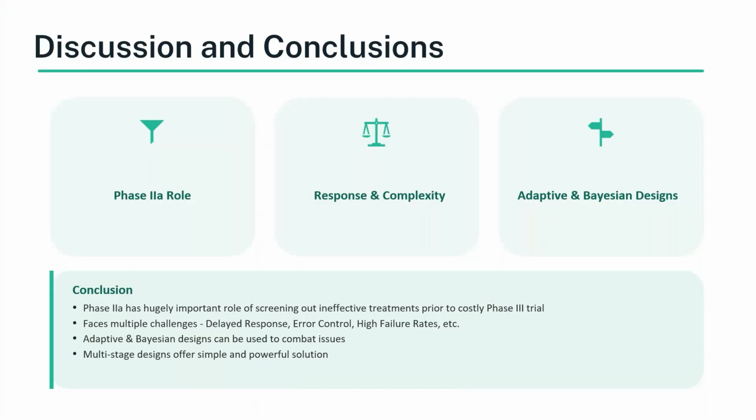To very quickly wrap up, phase 2A trials have a very important role in terms of screening out ineffective treatments prior to our very costly phase 3 trials. There are lots of challenges facing phase 2A trials, such as delayed response, issues with error control, high failure rates, etc. Adaptive and Bayesian designs can be used to combat a lot of these issues and are being used to combat a lot of these issues.